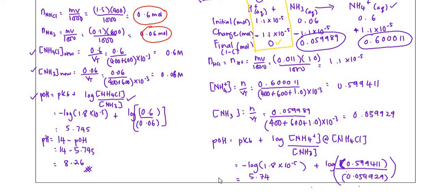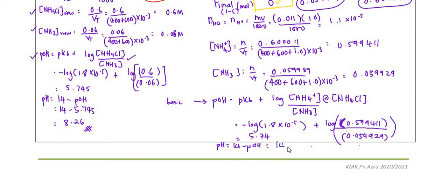Okay, the question asks you about pH, not pOH. Why do we find pOH here? Because this is for a basic buffer. So, once we have used Henderson for pOH and the question asks for pH, it is easy: 14 minus pOH. 14 minus 5.74 and you get 8.26. Okay, this is your pH after you added strong acid.